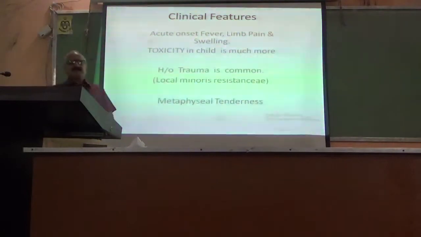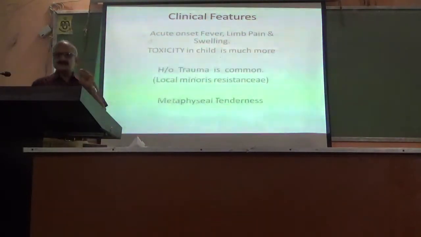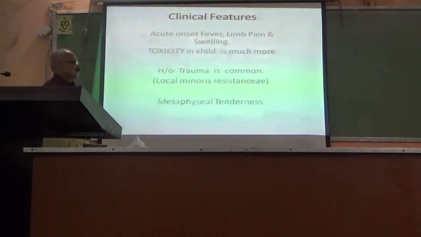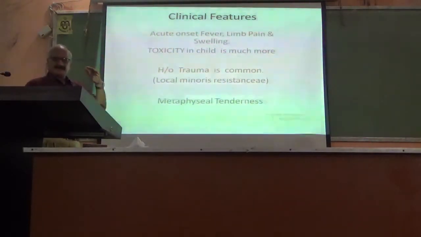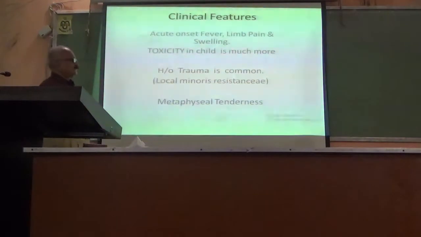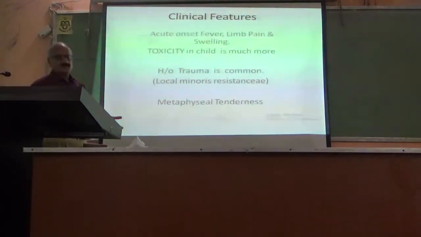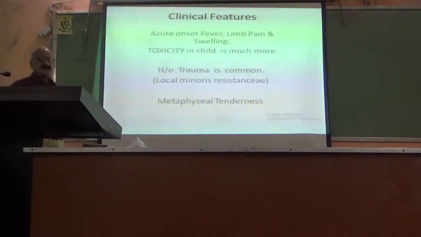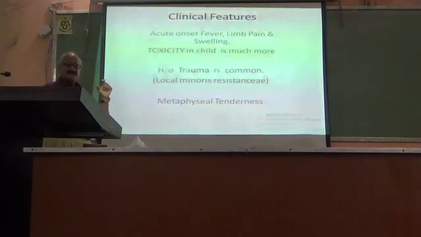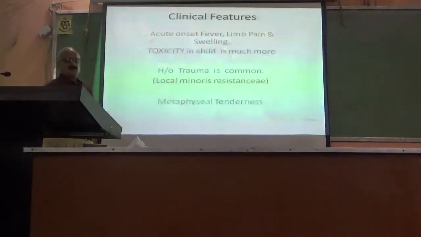That means the history of trauma, or the trauma itself, has given rise to some decrease or lowering of local resistance in the tissue, usually the bone, and that is the reason why this bone is affected by osteomyelitis.